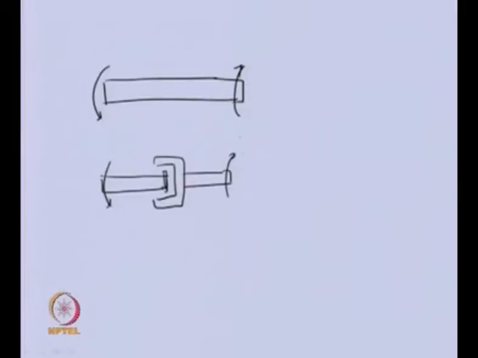When this shaft is undergoing torsional oscillation, whatever fluid is there between these two will get churned, and because of this there will be heat generation, and some of the energy of the shaft will dissipate as heat. So, this is some kind of external damping, and the first one is the internal damping of the shaft, and this is the external damping which we are applying.